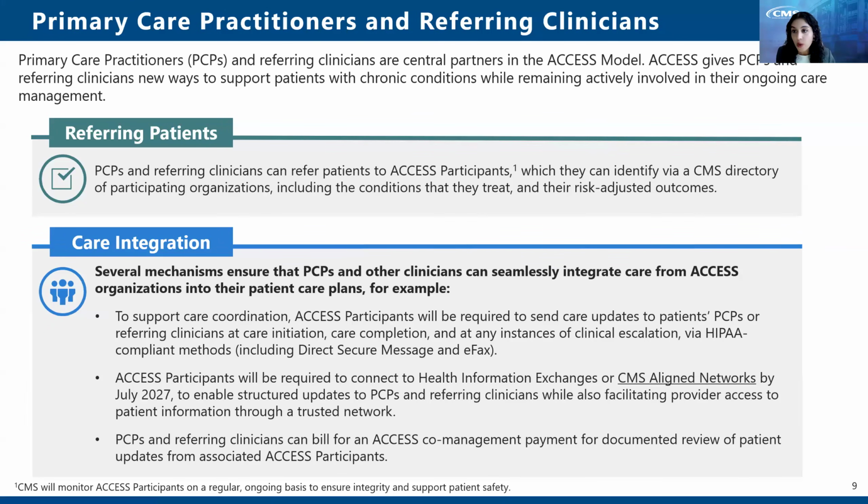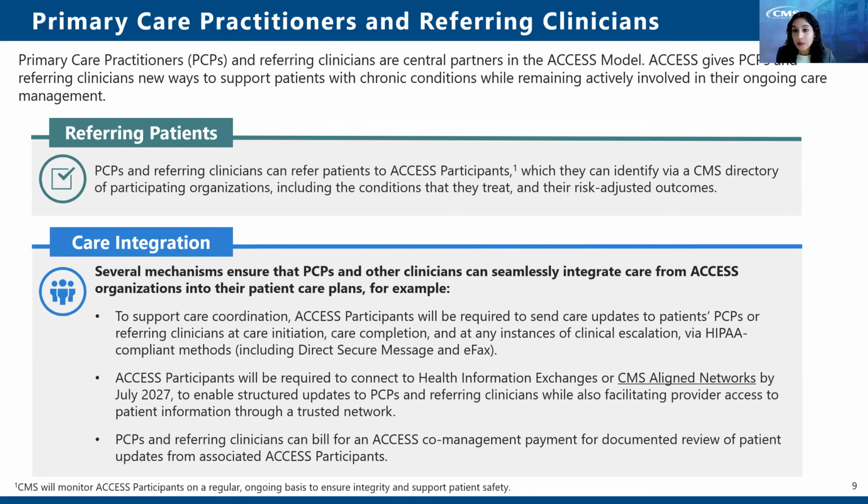Second, Access participants are required to connect to a Health Information Exchange, or HIE, or an alternative CMS-aligned network no later than July 2027. This applies to Access participants. This will ensure that structured updates can be shared with PCPs and referring clinicians. Through a trusted network, providers will be able to access patient information that they need to understand patient care being provided.